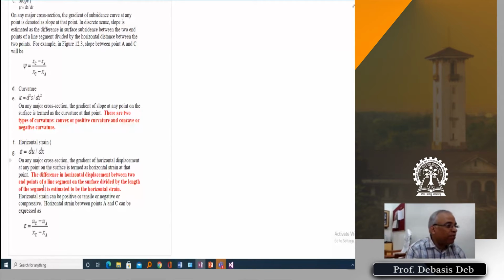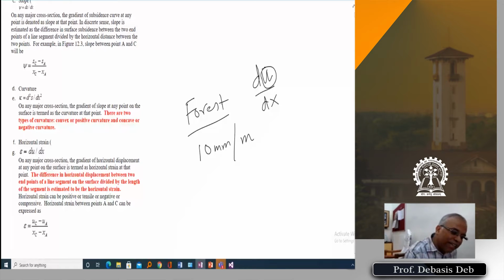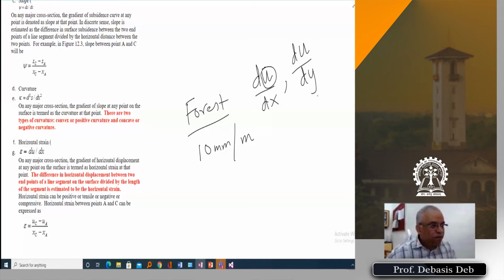Okay, this is the maximum you can go, the horizontal strain. Now, what is horizontal strain? As I told you, it is du/dx. U is the horizontal displacement along that line X. Similarly, there can be du/dy, if y is another direction.